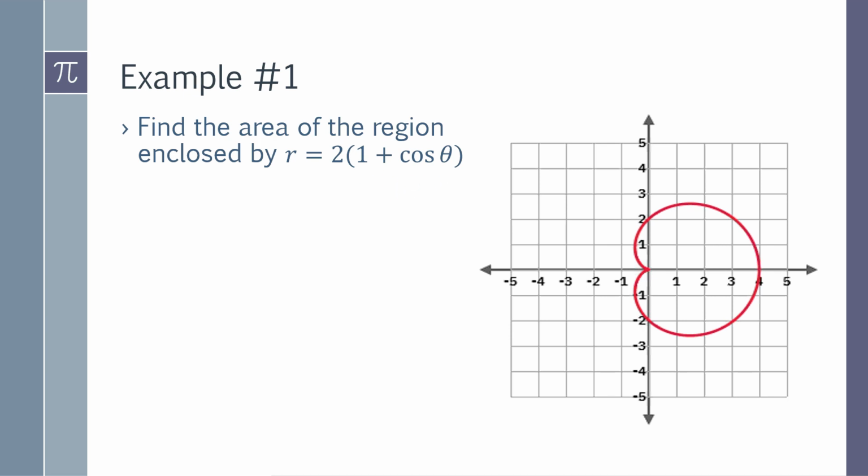If theta is 0, I start here. When theta is pi over 2, r would be 2. So here's where I am at pi over 2. Here's where I am at pi. Here's where I am at 3 pi over 2. And then I'm back here for 2 pi.